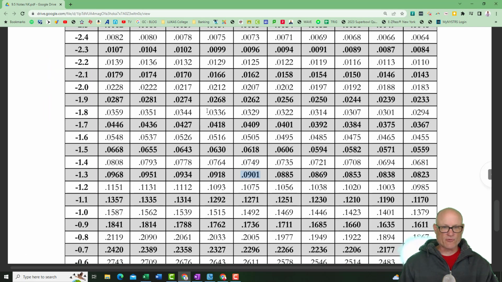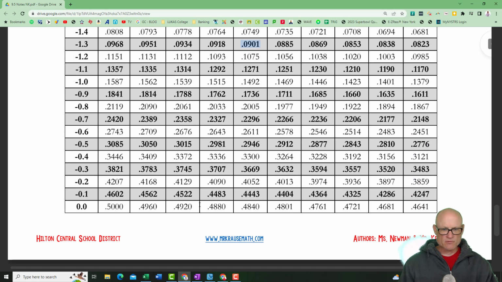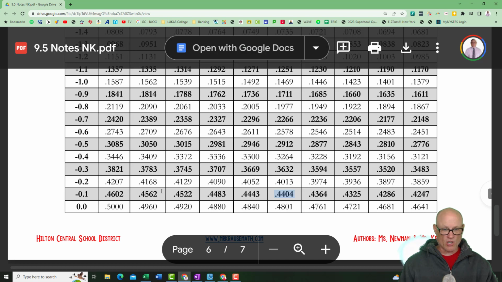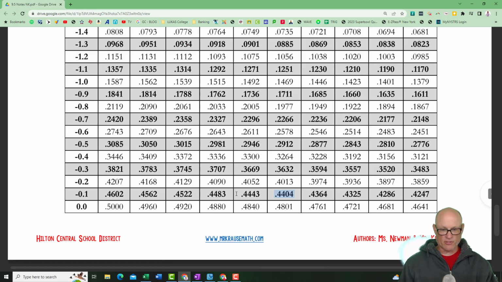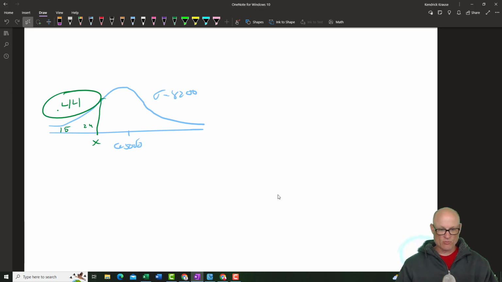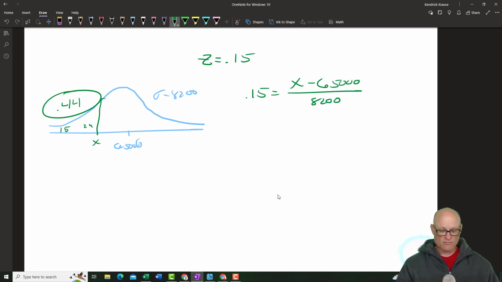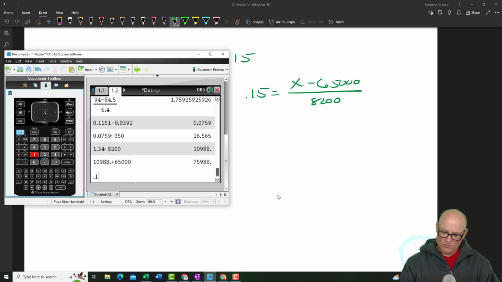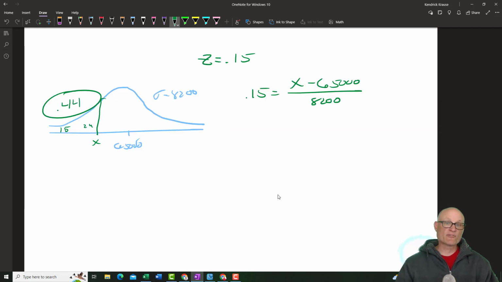So I go look up 0.44. Here it is, 0.4404. So that's a z-score equal to negative 0.15. So 0.15 equals x minus 65,000 over 8,200. Oh, it's on the left side, it's negative.